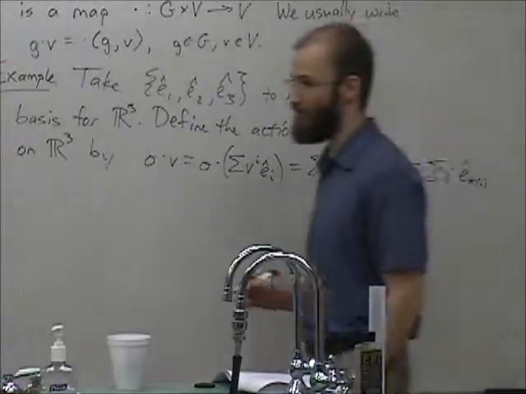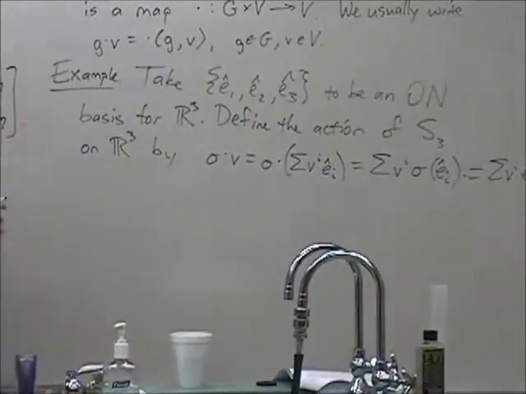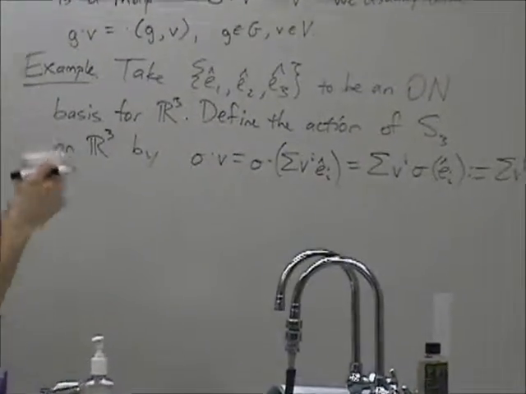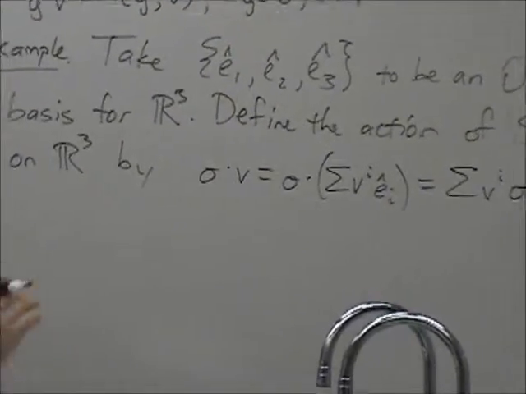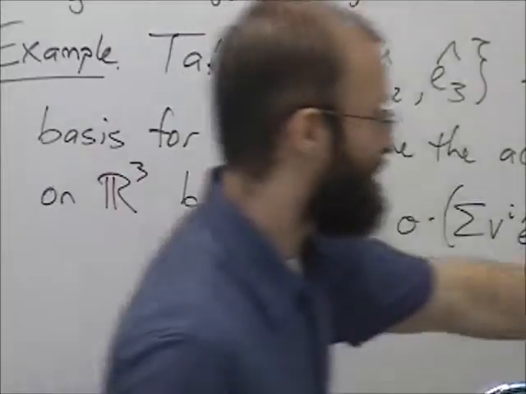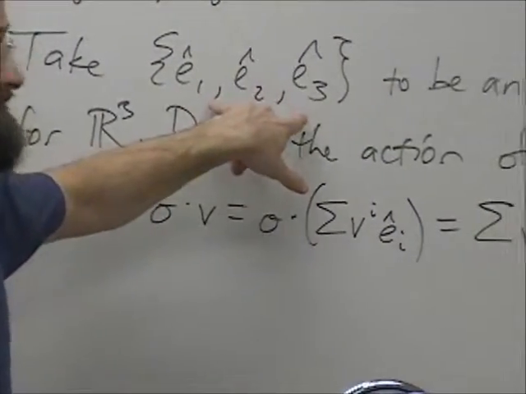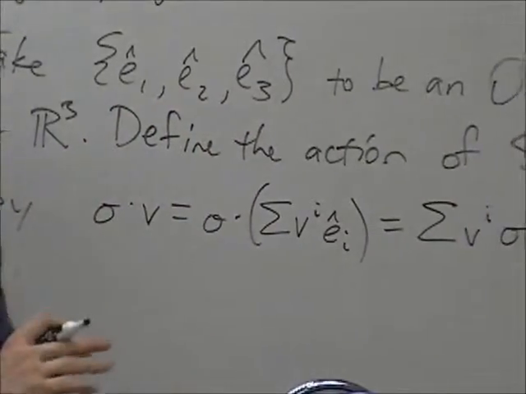Okay, those are symbols. Let's be more concrete. What this says, remember sigma just switches things around. I've got three things. Sigma just switches those three things around.